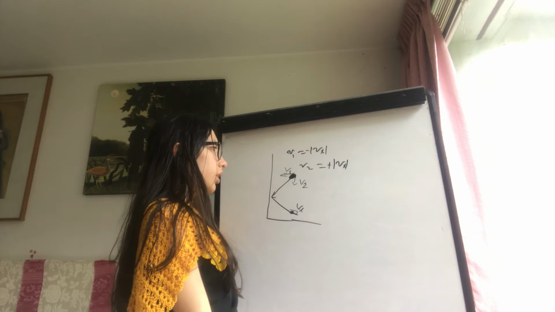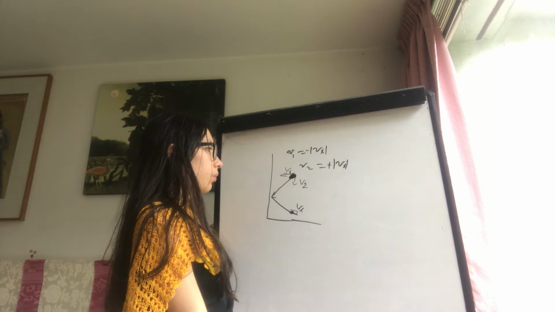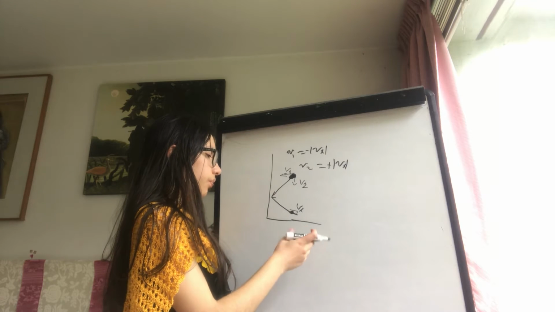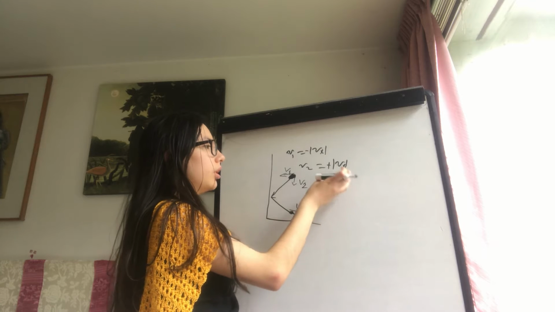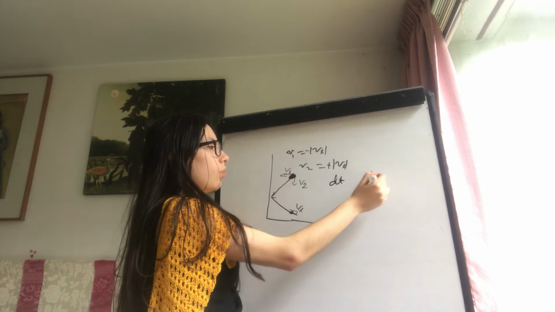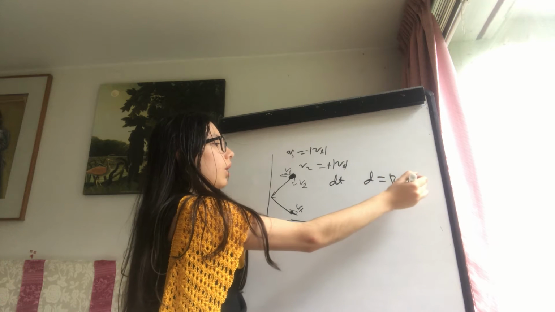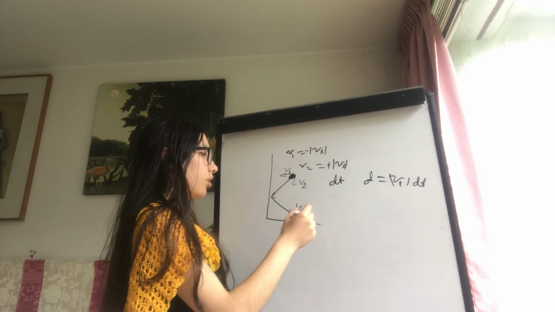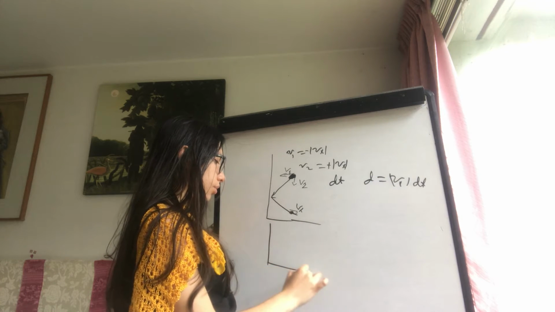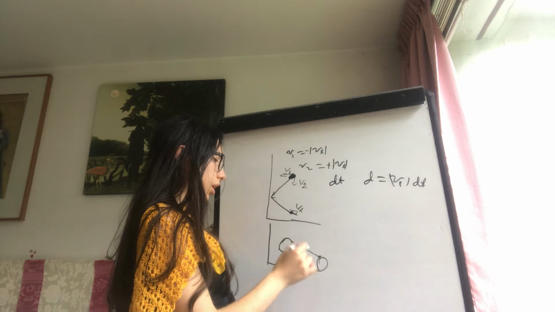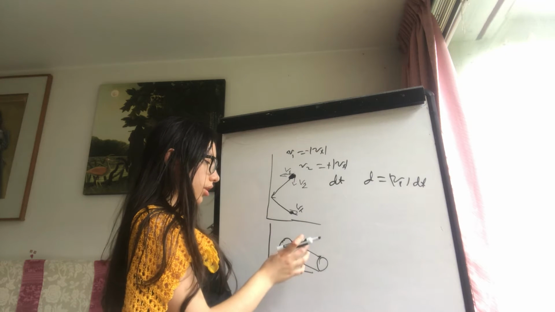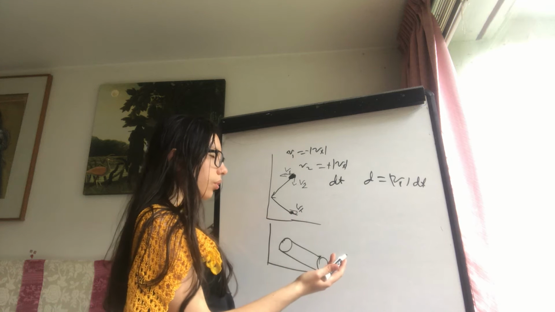Now, we saw that for the collisions to occur in a time interval dt, the distance was the velocity times the time. So all the molecules that are within a cylinder distance of the wall will collide.